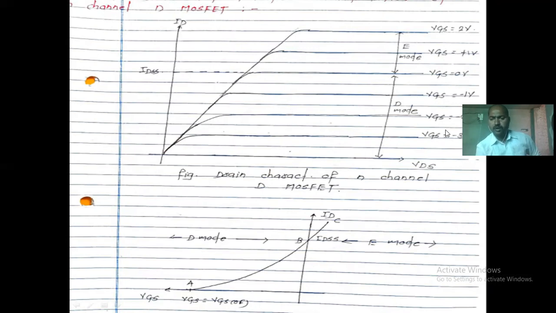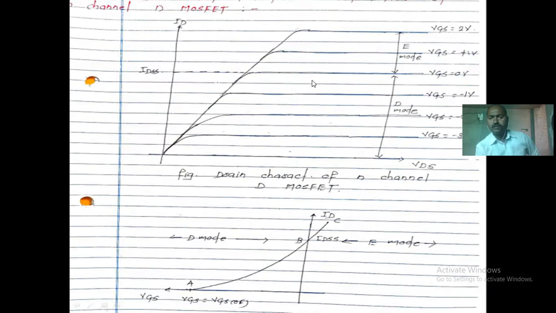VGS equal to -3 volt has the least current, VGS equal to -2 volt has more, and when VGS equals -1 volt, more current flows through the device.